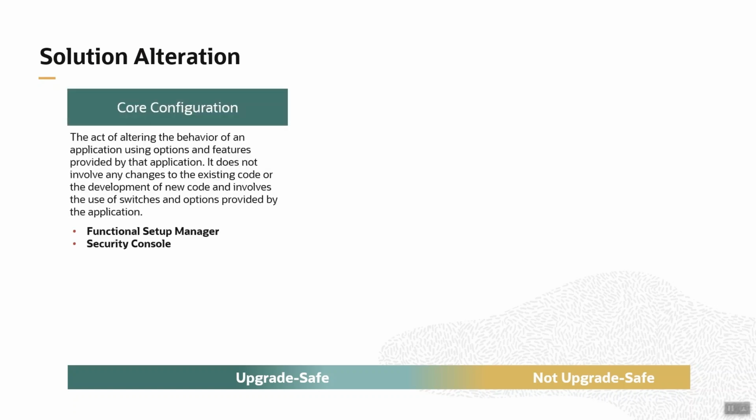Remember that best practice for a rapid and successful implementation in the cloud is to configure with standard tools by using standard business processes. Here, the core configuration is achieved using Functional Setup Manager, or FSM for short, as well as the standard setup of security via the single security console.